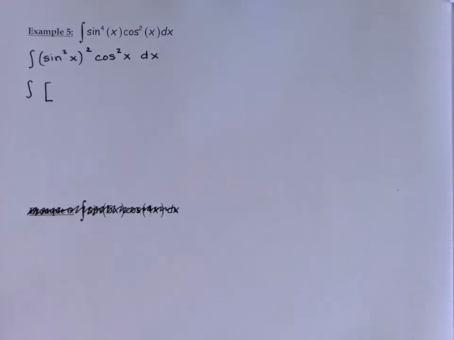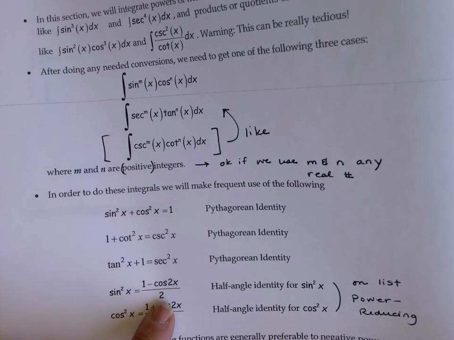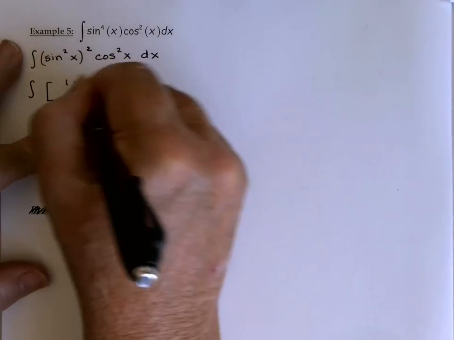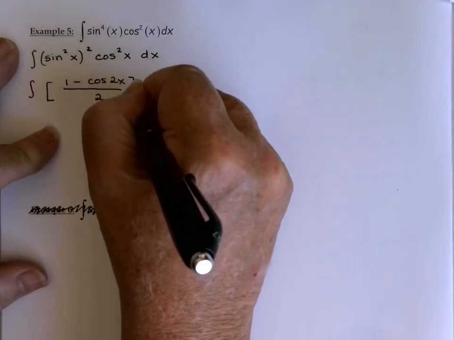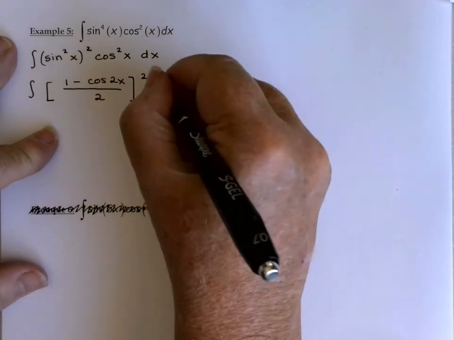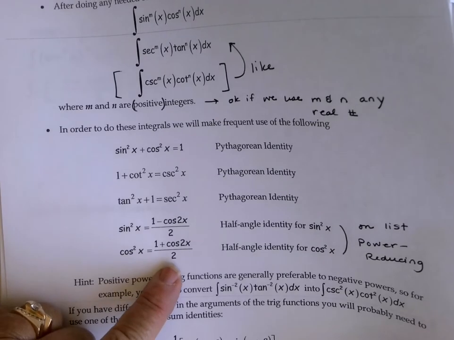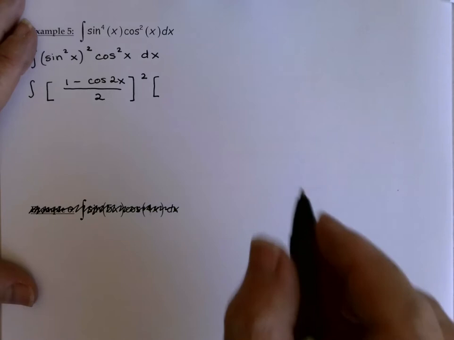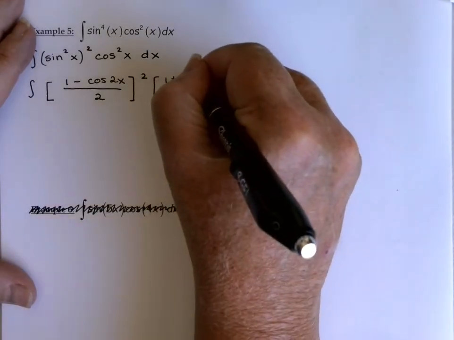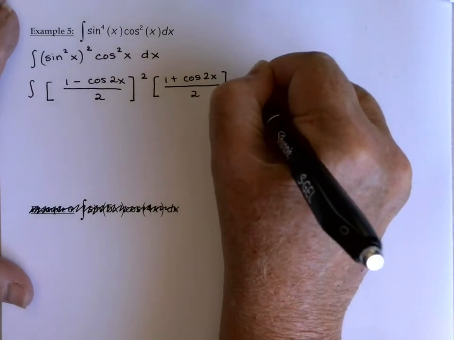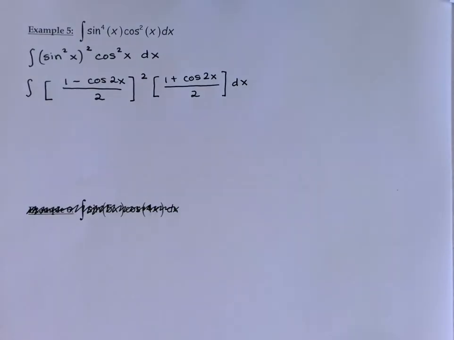Okay. This is where I'm putting in the power reducing identities. Sine squared x can get replaced with 1 minus cos 2x over 2. And that gets squared, times cos squared x, that's 1 plus cos 2x over 2. All right, we've got a little bit of algebra to do.